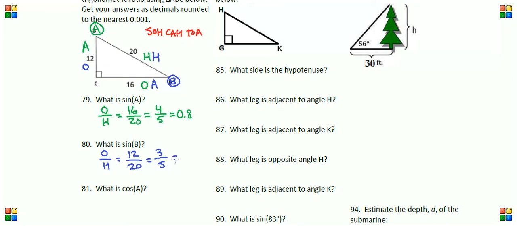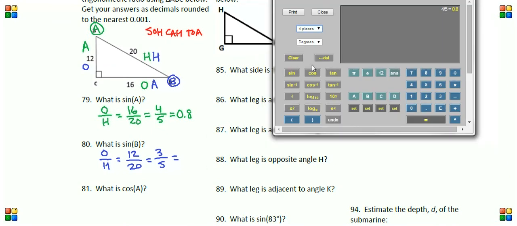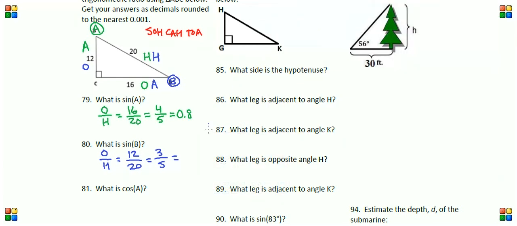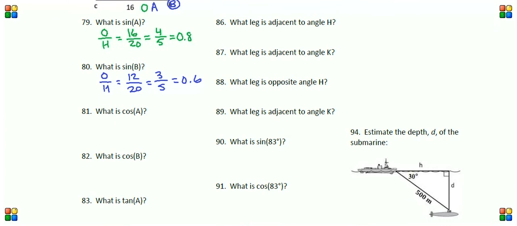And we've got a ratio of 3 over 5. Put that in our calculator. 3 divided by 5, and that equals 0.6. So the sine of angle B is either 3/5 or 0.6. Let's go on to question number 81.